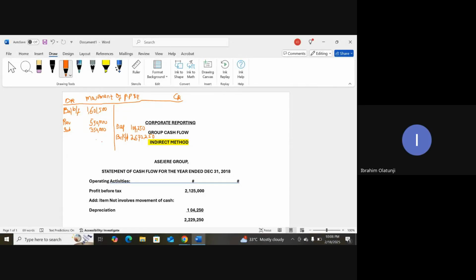So which one is the highest? Which one is the lowest? The credit side is the highest. How much is that? 2,672,500.